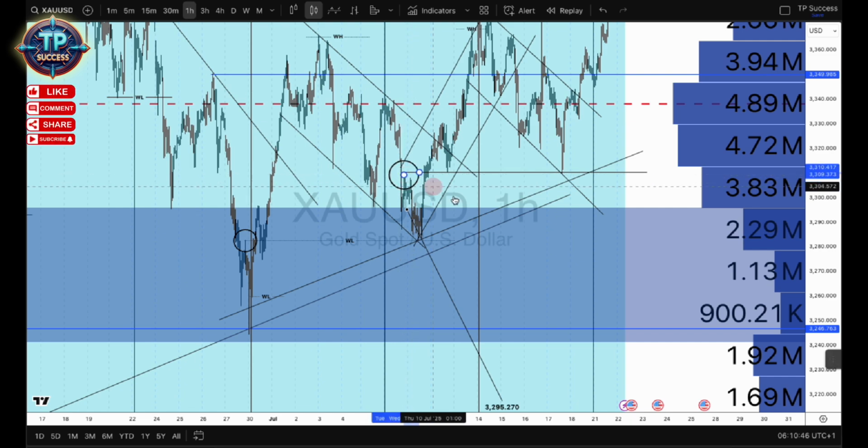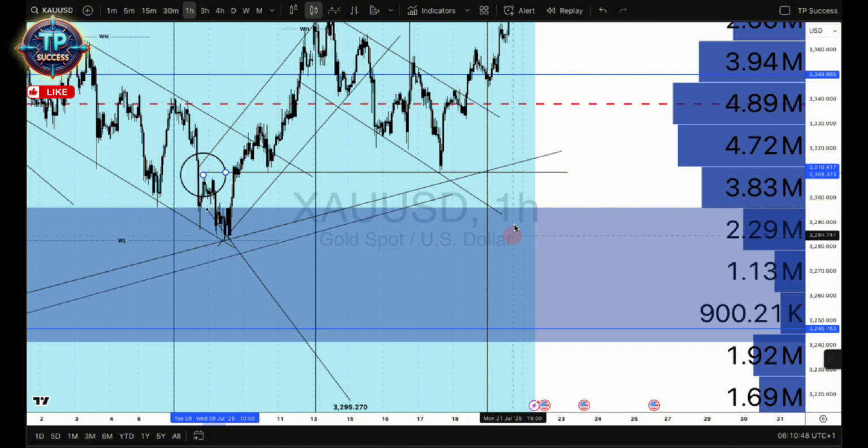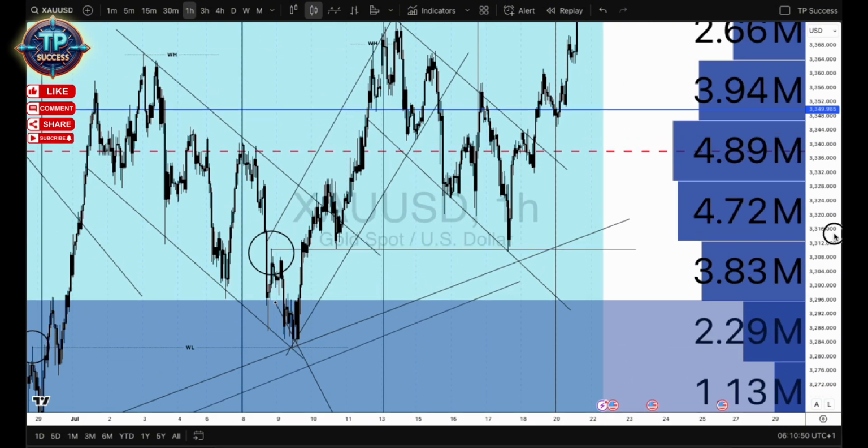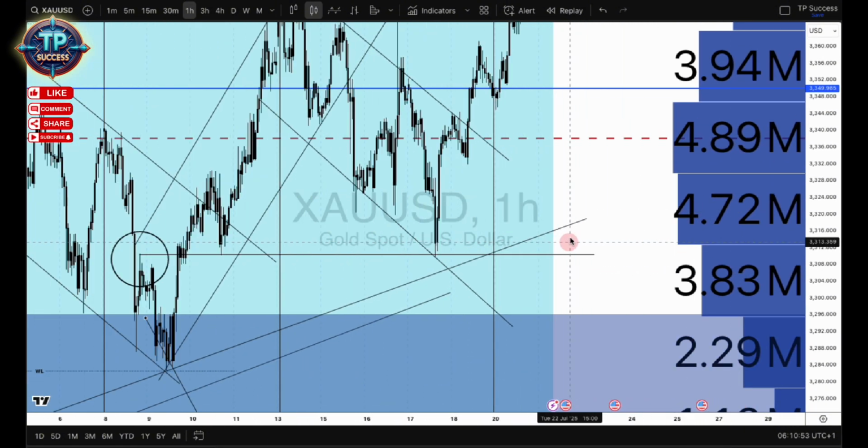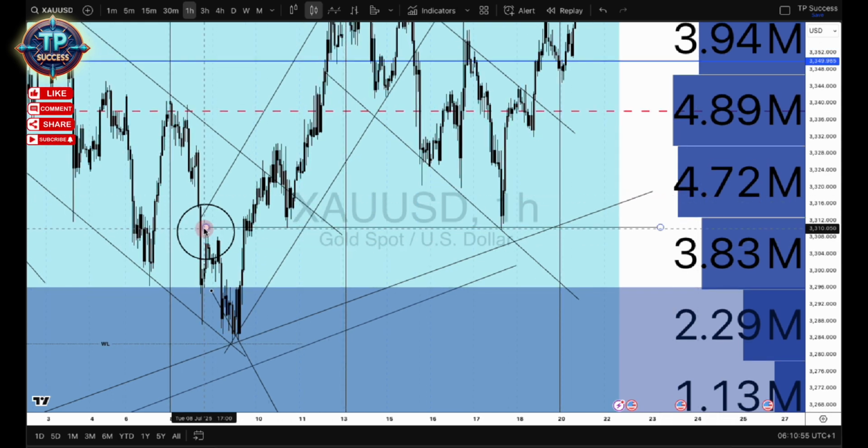So let me just move this here. And what we're gonna do, we're gonna zoom in. And what we can see is price tapped into this zone over here before moving off, right?